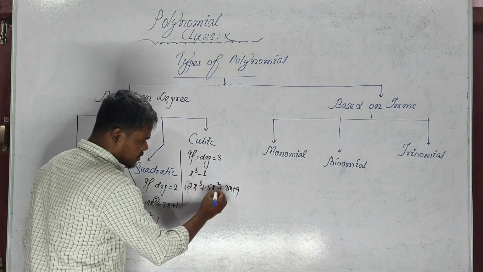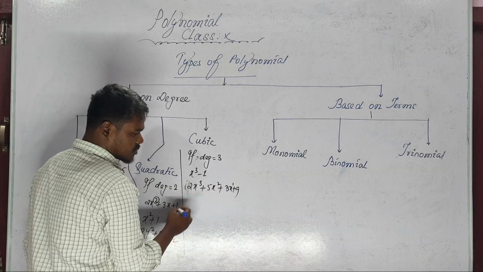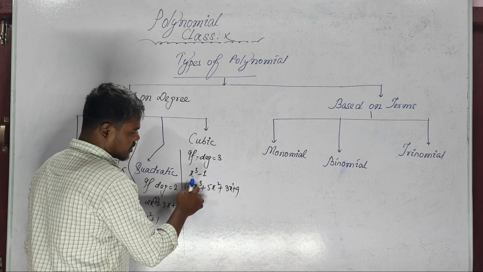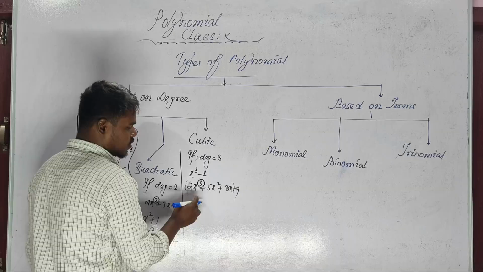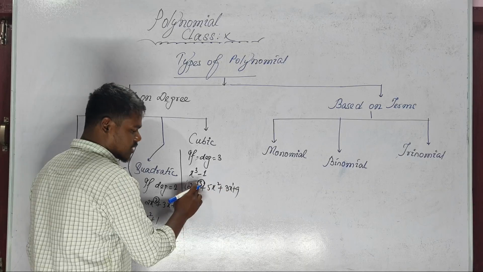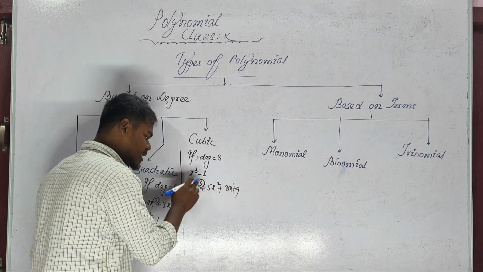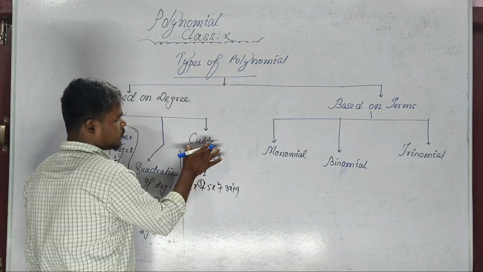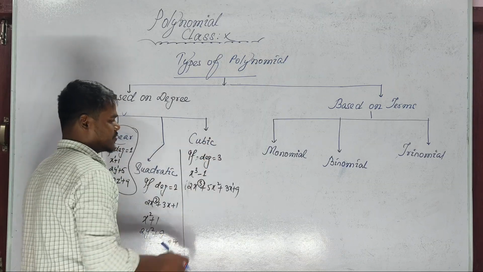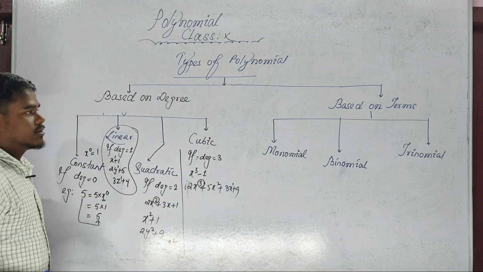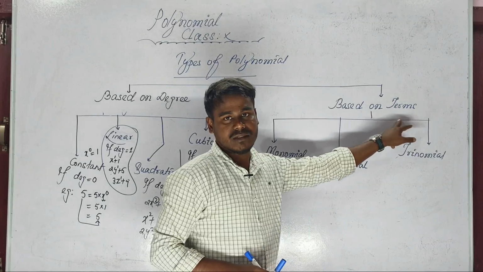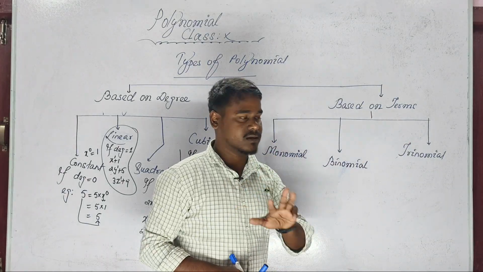Here the exponents are 1, 2 and 3. The highest exponent on the variable is 3, it means degree is 3. That's why this polynomial is called cubic polynomial. Understand or not?